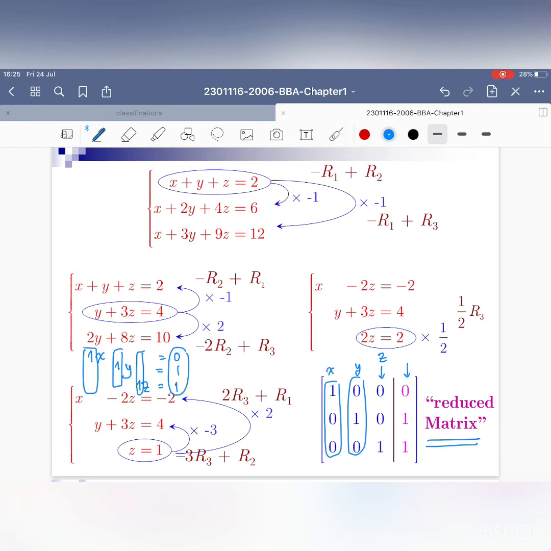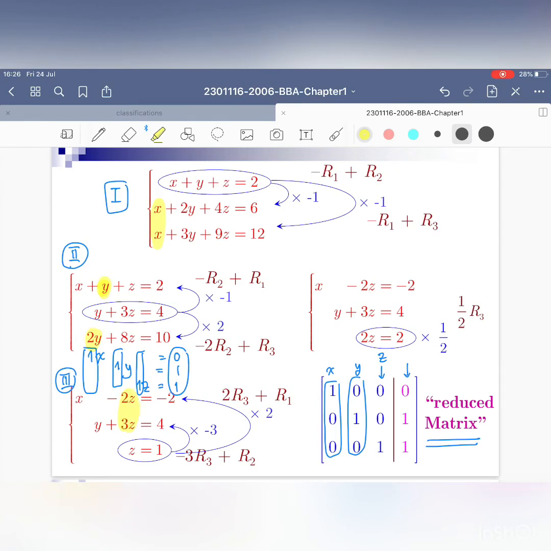Okay, and if you notice again, the first step that you do, the variable that you try to eliminate is your x. The second step that you do is right here. The variable that you try to eliminate now is your y. And the third step that you do here, the variable that you now try to eliminate is your z.